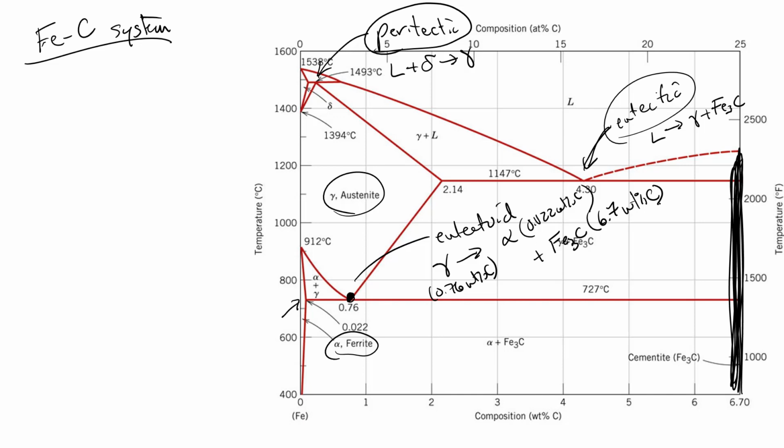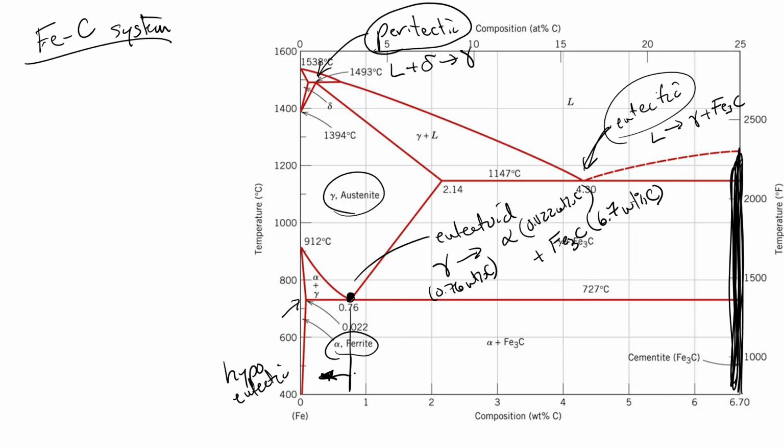Now that eutectoid is really an important point on this phase diagram, so much so that we label steels on the left side of this hypoeutectoid, and on the right side of this hypereutectoid.